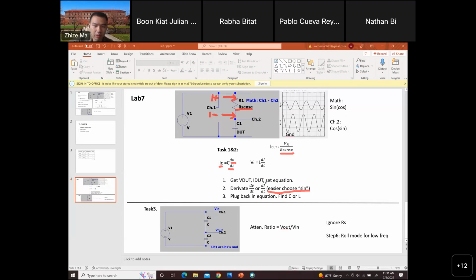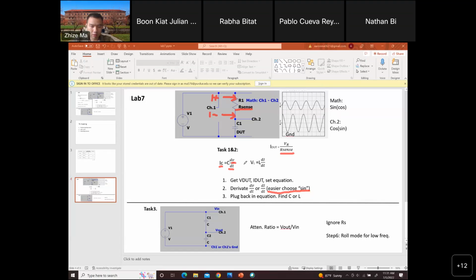The reason you do the derivative calculation for the sine wave is that the derivative of a sine wave is just a cosine wave. If you do the derivative of a cosine wave, you have a minus sign, which makes the calculation a little bit more difficult.